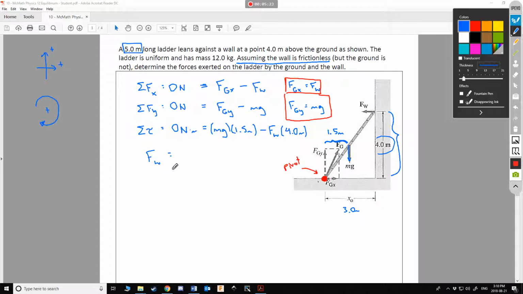Fw is equal to mg multiplied by 1.5 meters, divided by 4.0 meters. Our mass is 12 kilograms times 9.81 meters per second squared, multiplied by 1.5, divided by 4, and we end up with a value of 44 newtons.